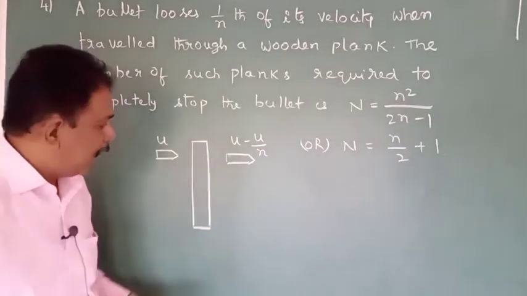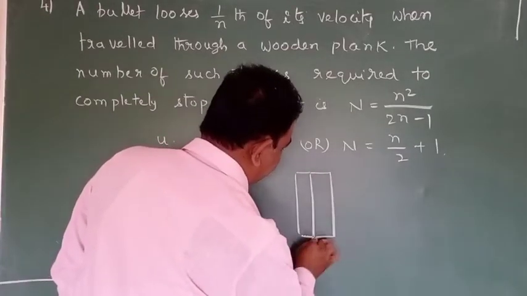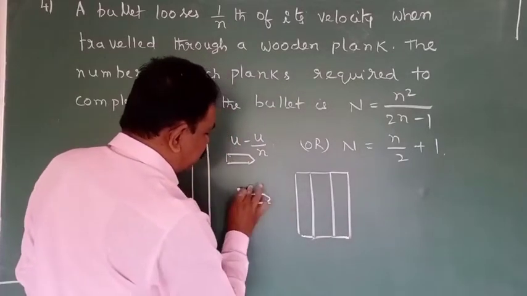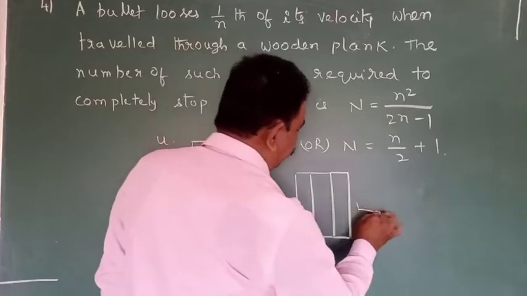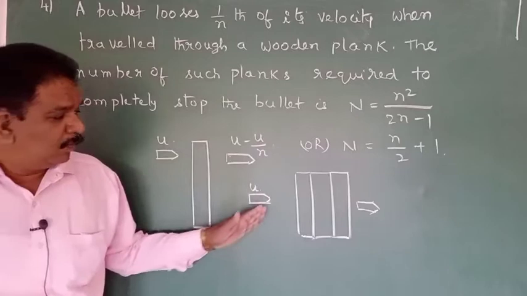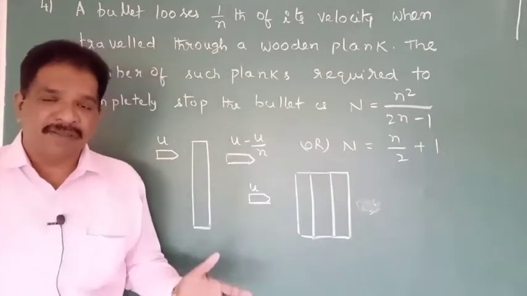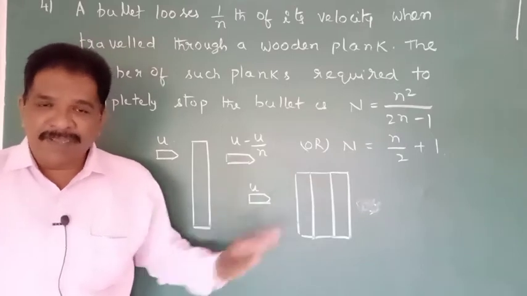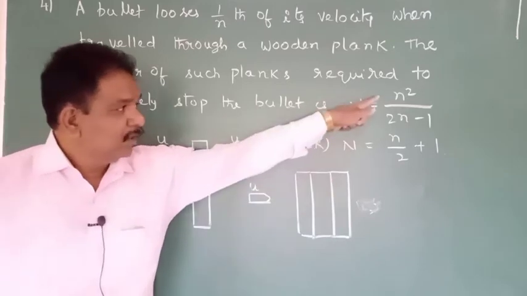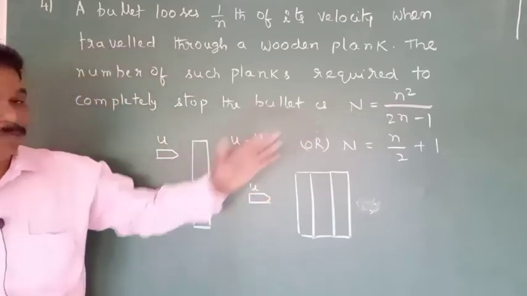Like this, we use some planks, first plank, second plank, and so on. Some N planks we used, such that after coming out of the last one, the velocity of the bullet becomes 0. It does not come out; it rests in the last plank. How many planks are required to completely stop the bullet? The shortcut is n square by 2n minus 1 or n by 2 plus 1.